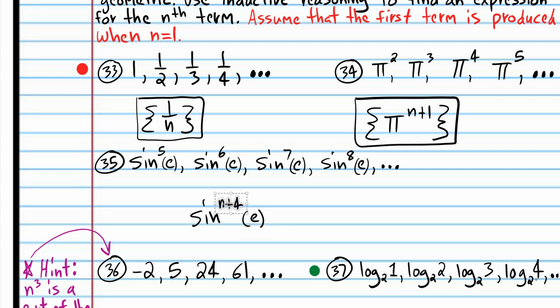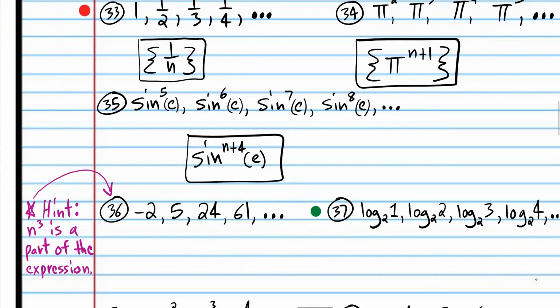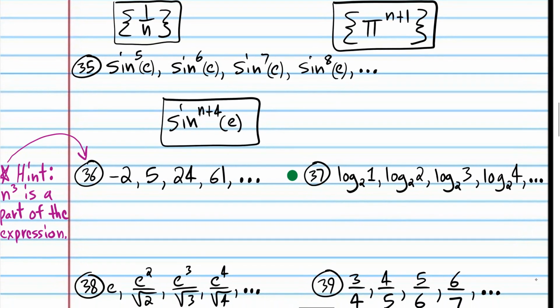If you plug in 2 for n to get the next term, then you get 6, and so on and so forth. Let me draw that a little nicer there. So that is the answer. Now if you're wondering, e is Euler's number. That's just a constant, so we don't really have to do anything with that.